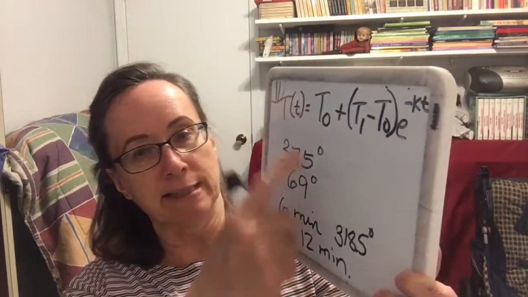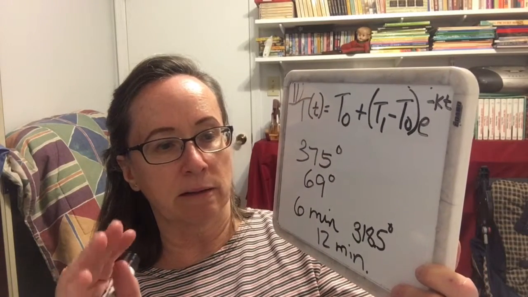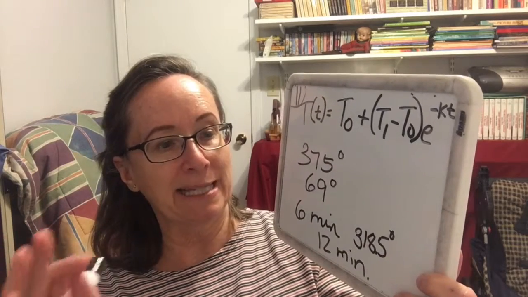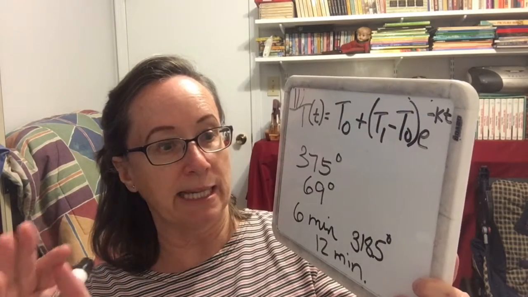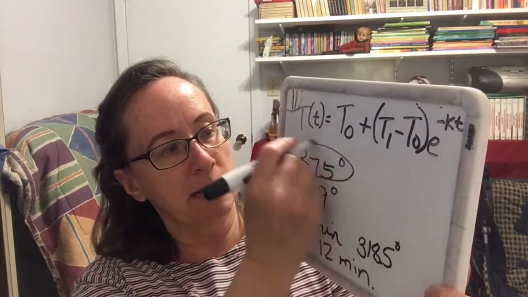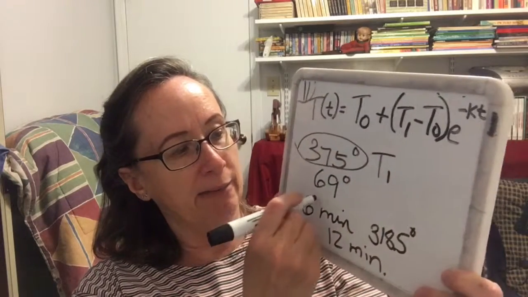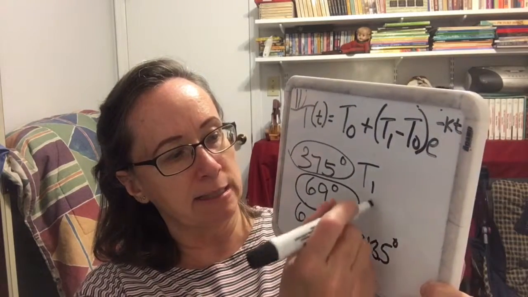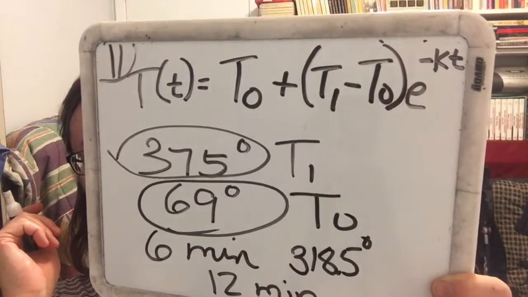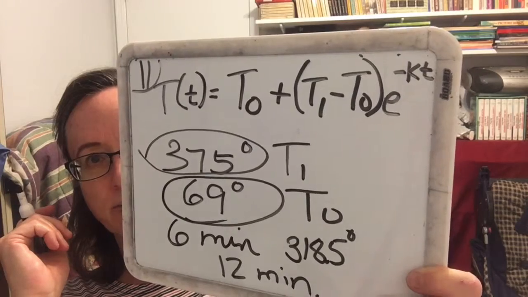And so we're going to take this data, and remember, if a body with temperature T1 is placed in surroundings of temperature T0, so our temperature that it's taken out of the oven is our T1, and then it's put in surroundings that are T sub 0. That's where we're going to substitute each one of these things into this cooling function.